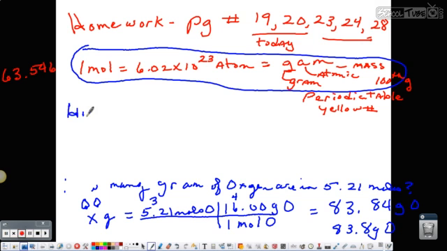How many atoms in 4.31 moles of, let's say nitrogen?